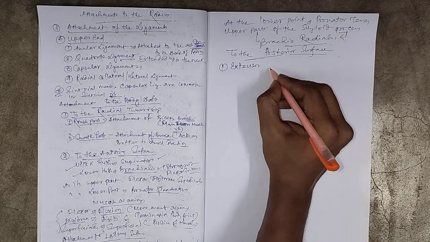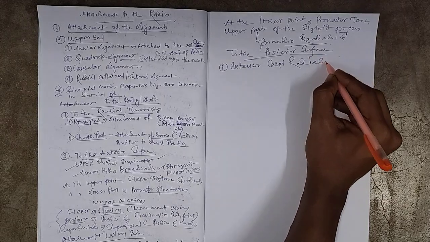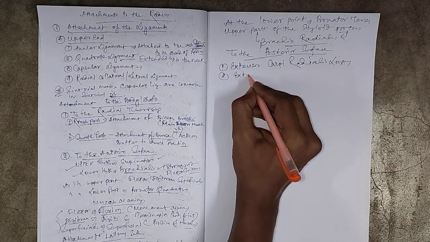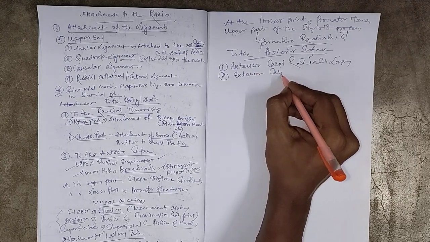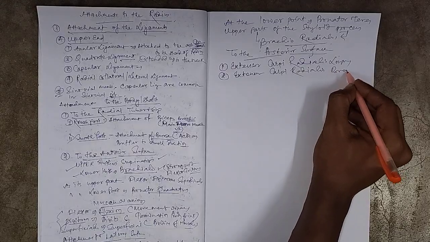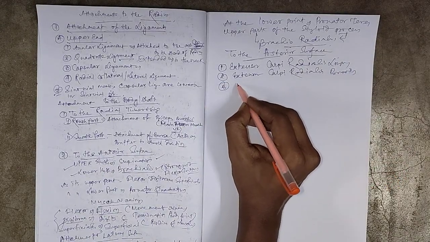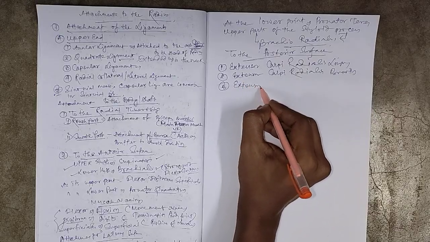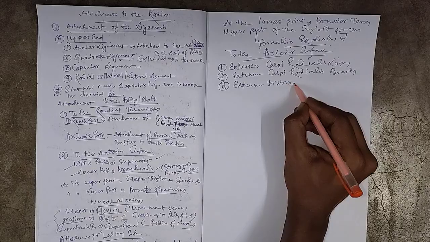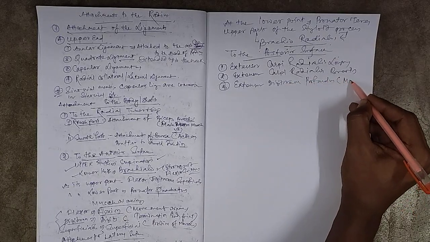Extensor carpi radialis longus, extensor carpi radialis brevis, then the extensor digitorum profundus. And profundus means more volume.